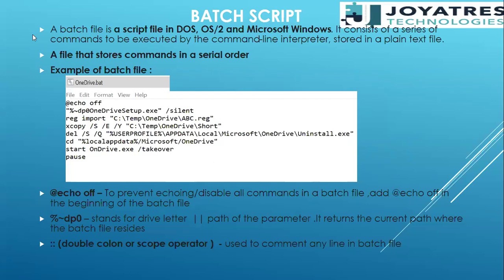For example, if I have created the script, and suppose I want to run this script on some of the machines, like with SCCM or Intune, how do we do that? We just deploy this batch script. But how about the file?